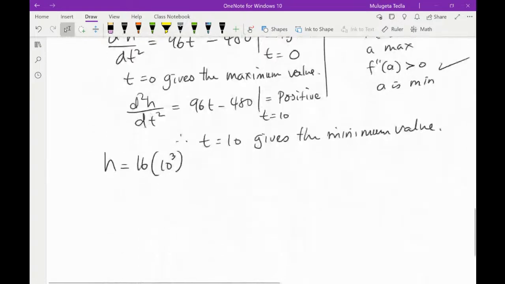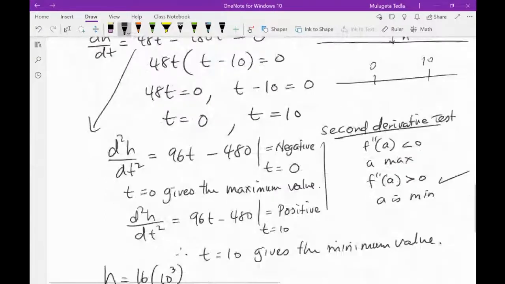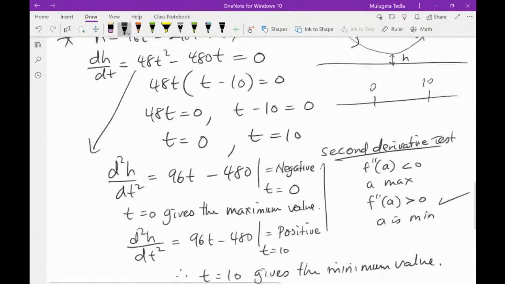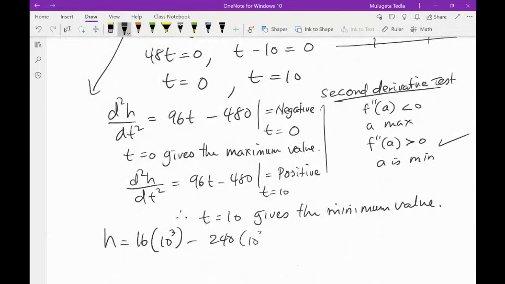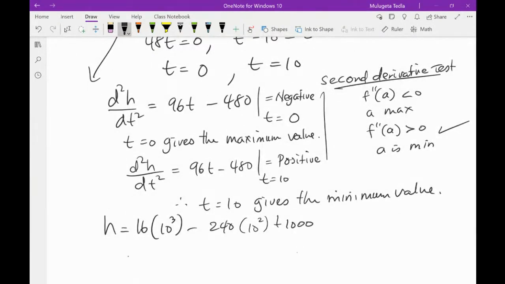If you were talking about a graph, here is the time, here is the height. So these are critical numbers, and values come from the height. When they talk about the value of the maximum, they're talking about the second variable, the dependent variable. 16 times 10 cubed minus 240 times 10 squared plus 10,000 is 2,000 meters.